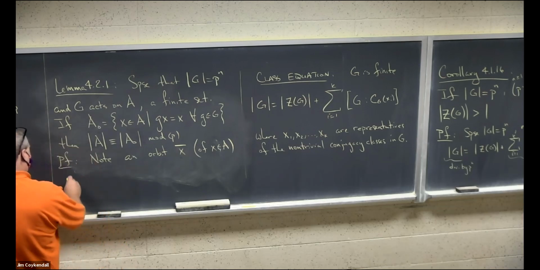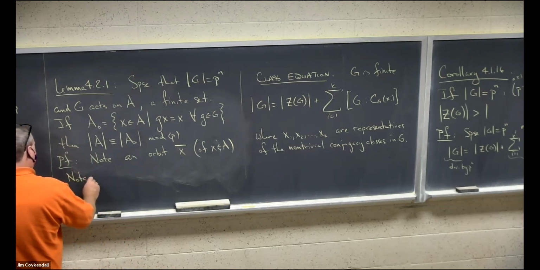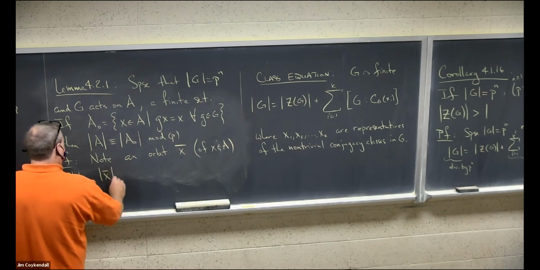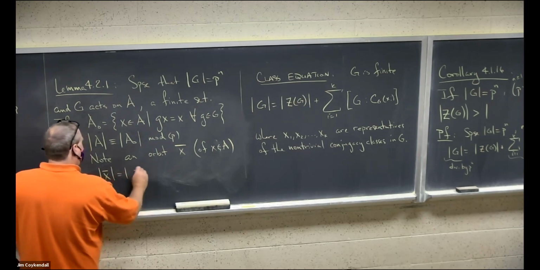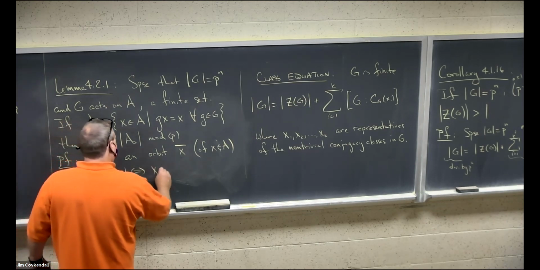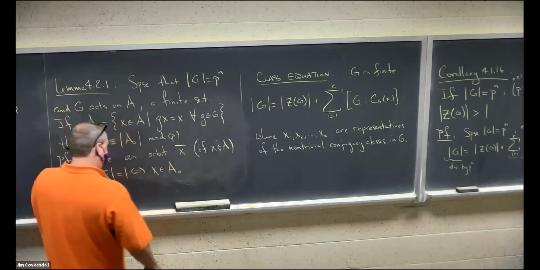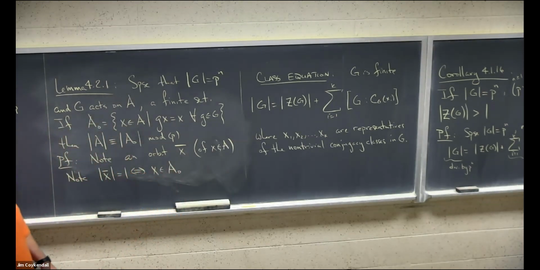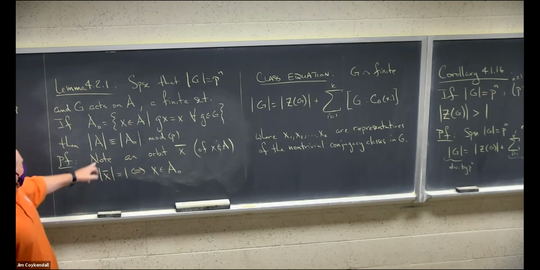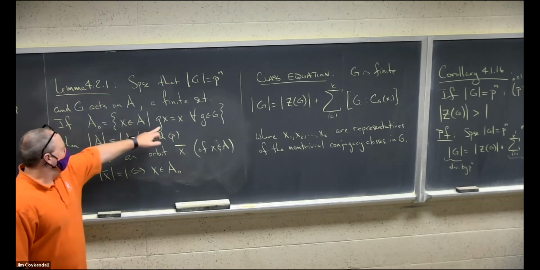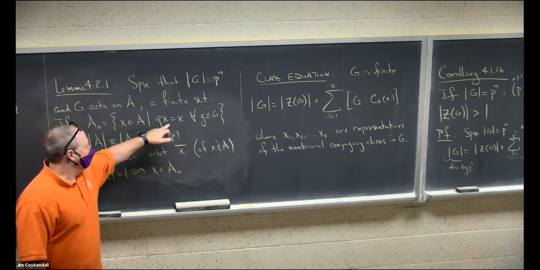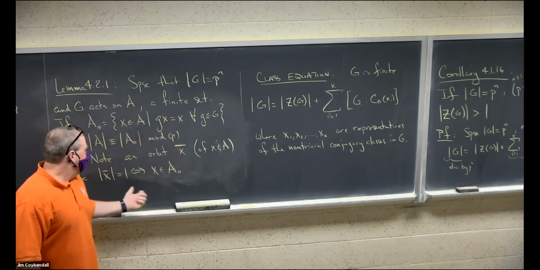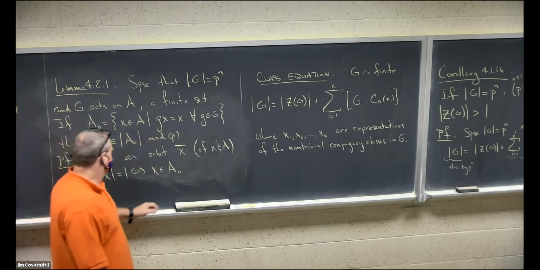Notice the number of elements in the orbit of x is equal to 1 if and only if x is in A0. Everybody agree with me? Because what it means to be in A0 is everything in G leaves it alone, which means its orbit is only x itself.